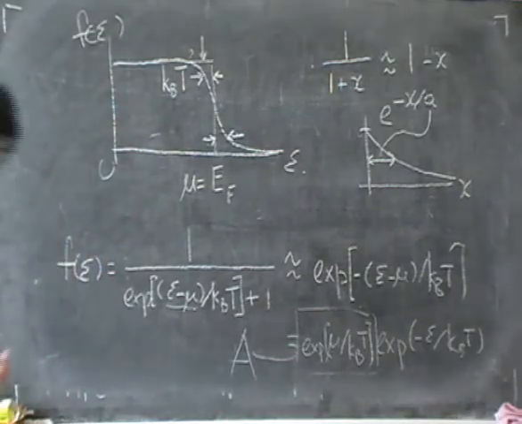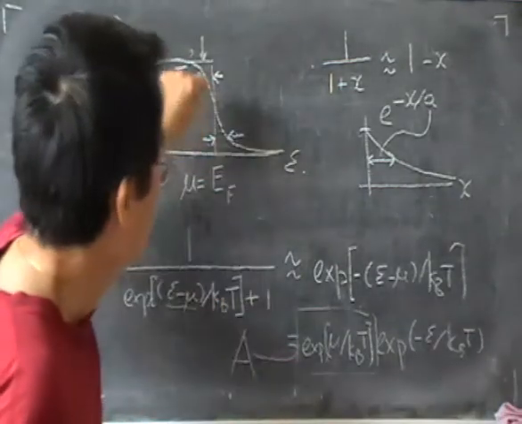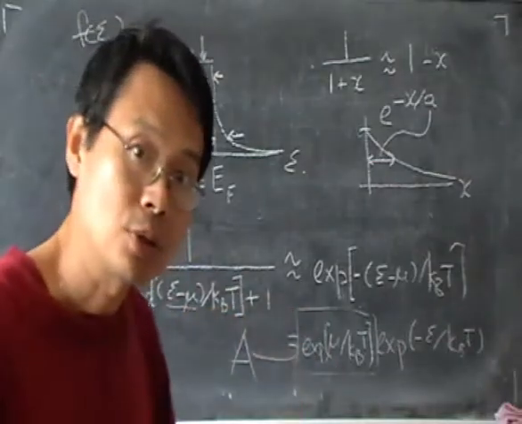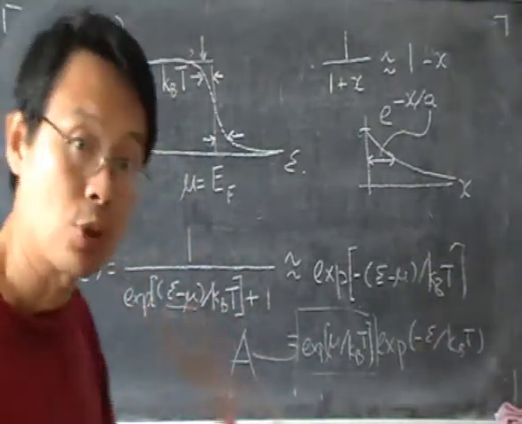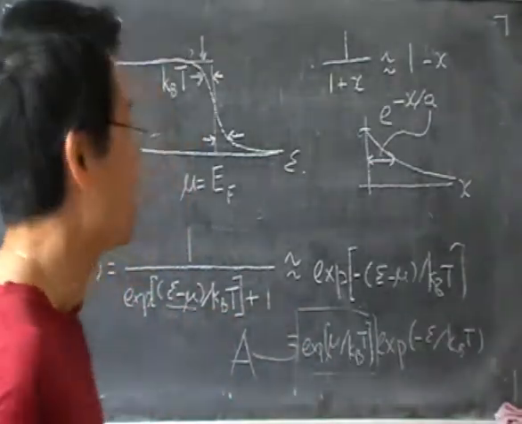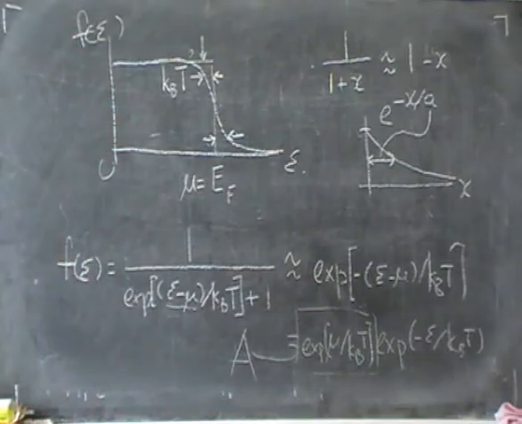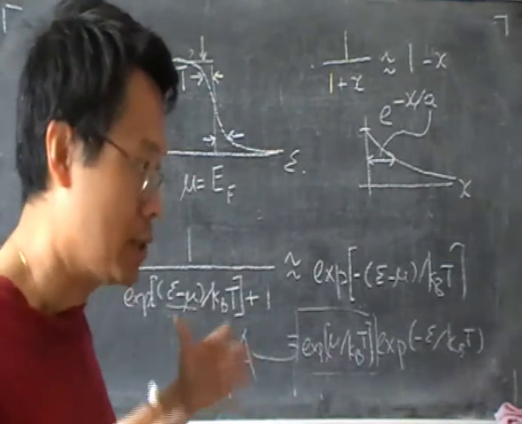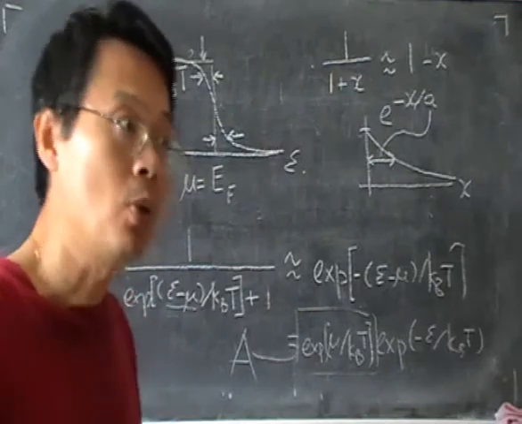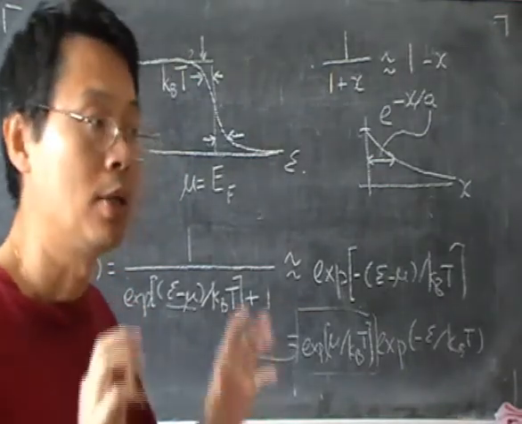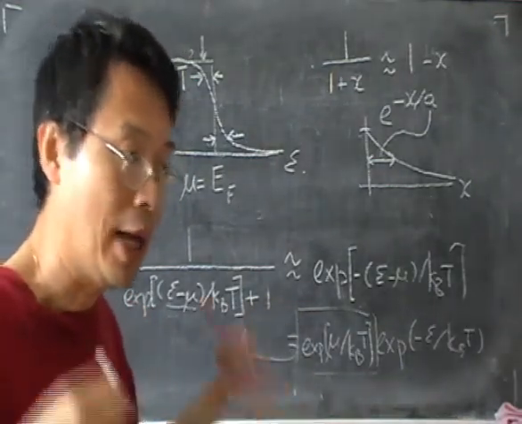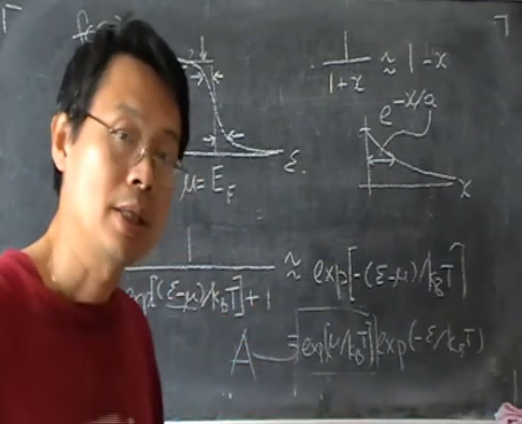In other words, the excited electrons behave approximately like an ideal gas. Now if this is the case, it is very useful because we know how to find the heat capacity and the total energy in an ideal gas.